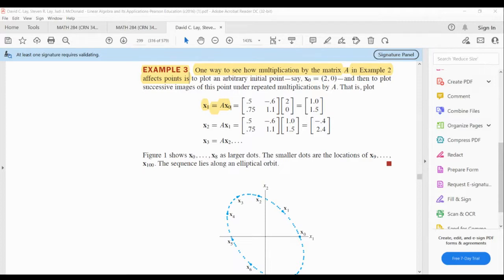That's x sub 0. If you multiply it by this matrix A, you get the coordinate 1 and 1.5.